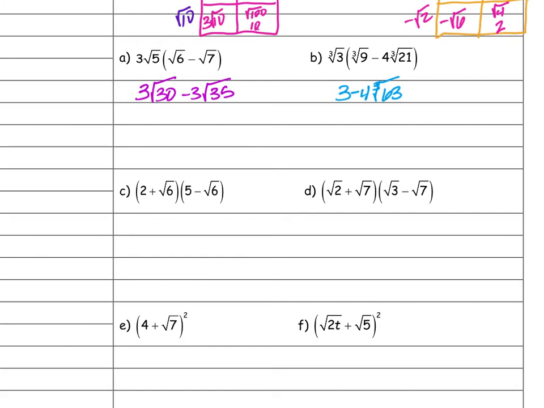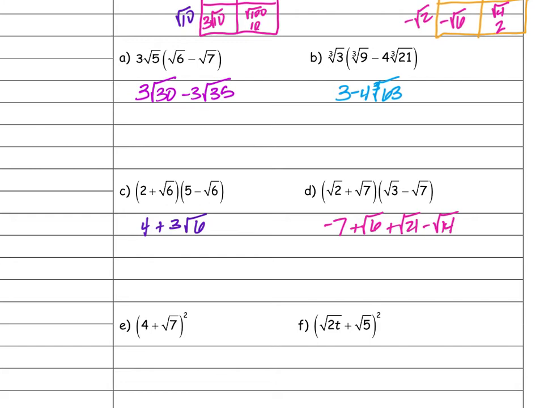C is 4 plus 3 root 6. D is really long and ugly, and it's negative 7 plus, and whichever order you wrote these in, root 6 plus root 21 minus root 14, whatever order you wrote those in, that's the answer.